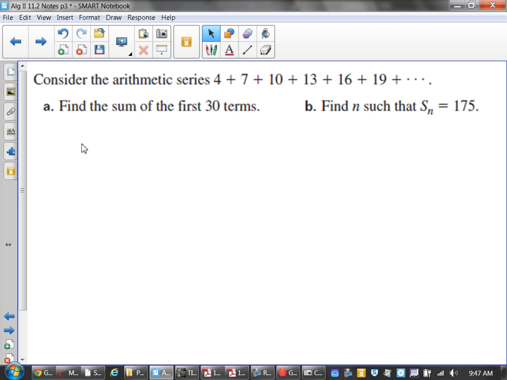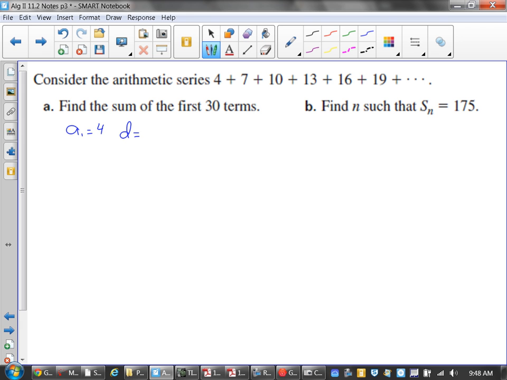So in this case, what is your difference? 3. What's your first term? 4. Good. So we know our first term is 4 and our difference is 3.